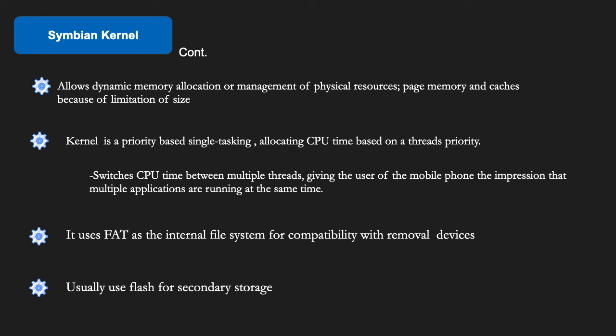And also, the Symbian kernel is a priority-based single task kernel. It only allocates CPU time based on single task thread priority. The kernel switches CPU time between multiple threads, giving the user of the mobile phone the impression that multiple applications are running at the same time.